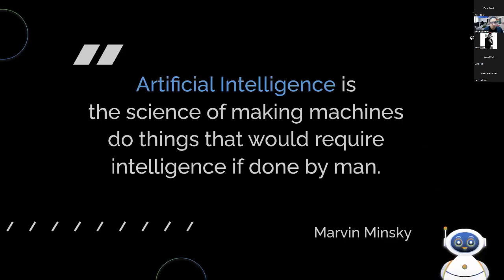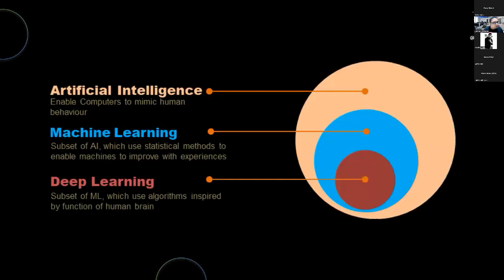So getting started, what is artificial intelligence? Artificial intelligence is the science of making machines do things that would require intelligence if done by humans. Looking at AI as a whole, it is to enable computers to mimic human behavior. A subset is machine learning, which uses statistical methods to enable machines to improve experiences. A subset of ML is deep learning, which uses algorithms inspired by the function of the human brain.